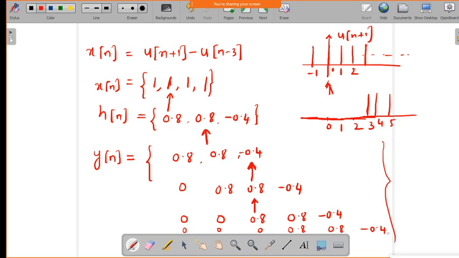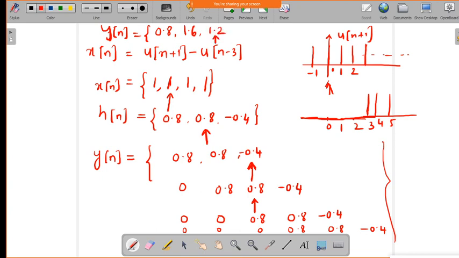Now what is the output? Add it. You will get y of n equal to, so where is the origin? The origin is here, with 2 samples behind it. They are all 0 and the first value is 0.8. Similarly, here 0.8 plus 0.8 is 1.6, and at the origin, 1.6 minus 0.4 is 1.2.